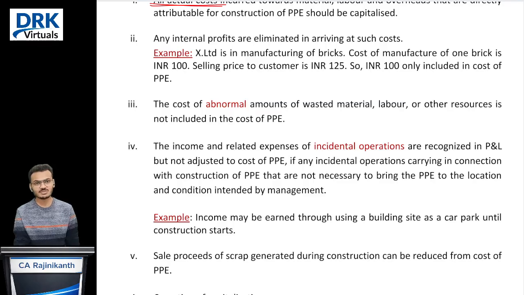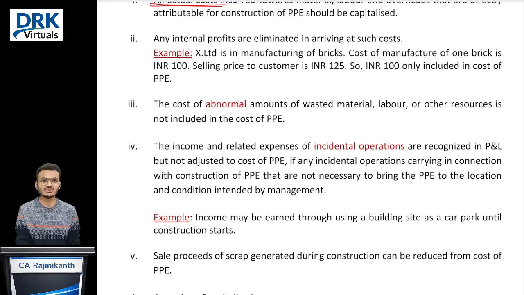They should be ignored. Suppose we are in the business of manufacturing cement and we sell that cement bag in the market for 400 rupees, our cost of manufacturing is 300 rupees. And we are constructing a building. So in order to construct the building, why should we buy the cement bags outside? Because we are only in the manufacturing of cement, correct? So we are using 1000 cement bags, let's assume.